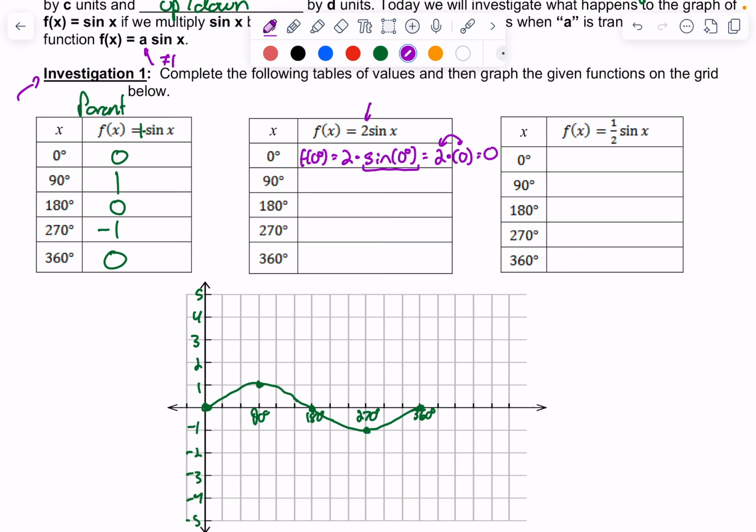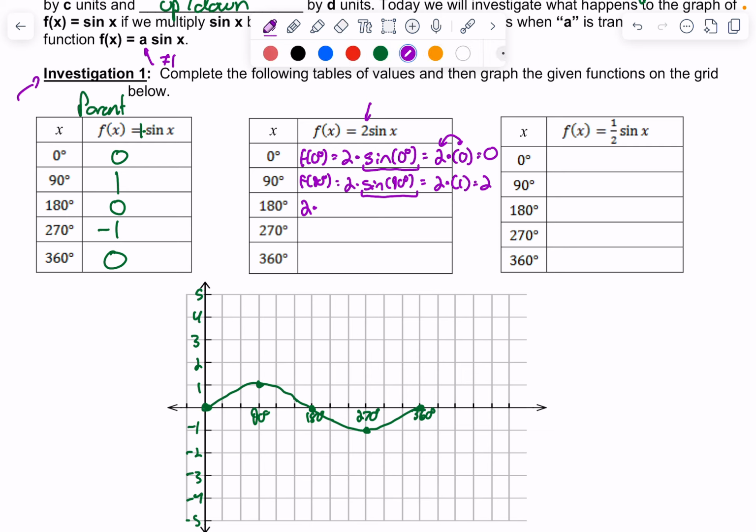This is the function at 90 degrees. So this would be 2 times the value of sine at 90. So that's technically 2 times. Notice I'm not multiplying the 2 into the 90. It's just 2 times sine 90. So I evaluate this. That is 1. And I get 2. So 2 times, what was the value of 180? The sine of 180 is 0.